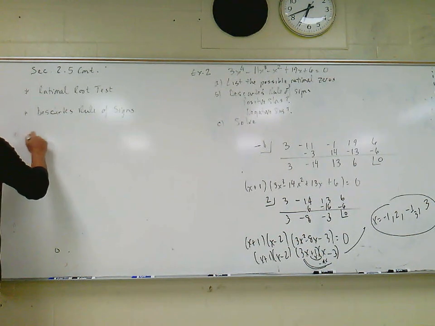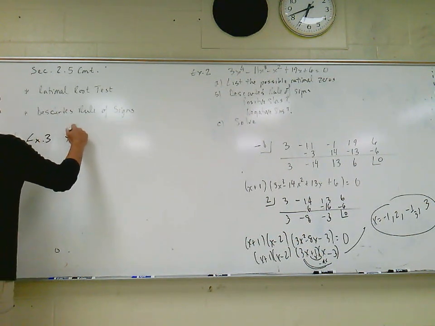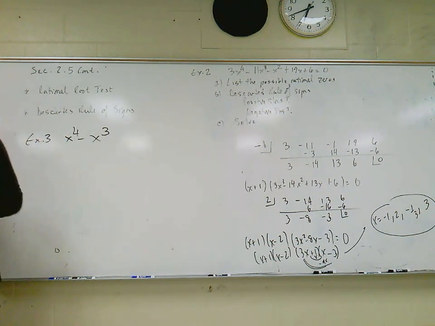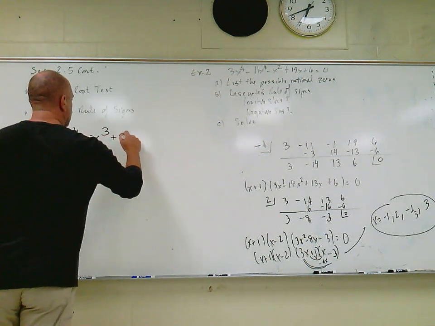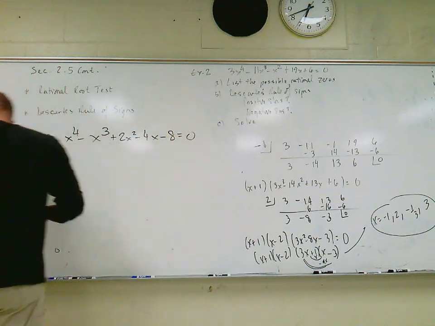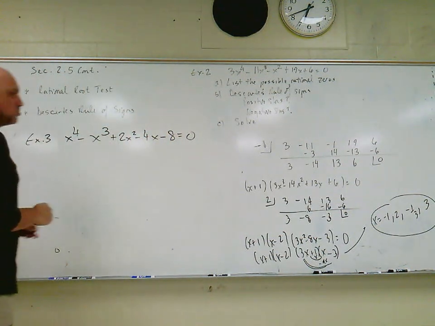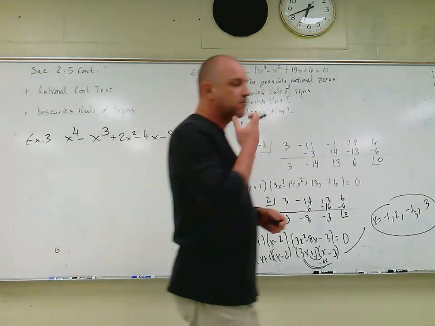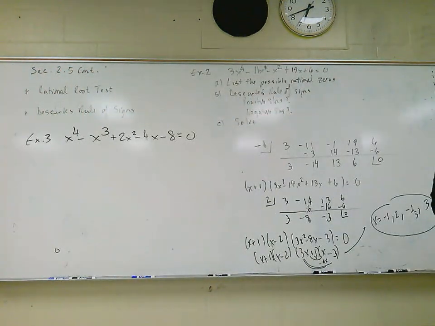Let me move over. So set this equal to 0, x to the 4th minus x cubed plus 2x squared minus 4x minus 8. Okay, how many total solutions are guaranteed by fundamental theorem of algebra? 4, all right? I would list my possible choices and then go from there.